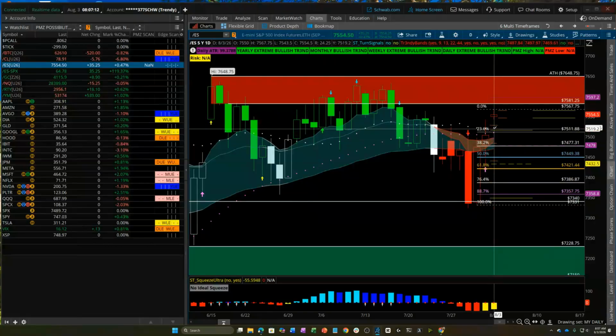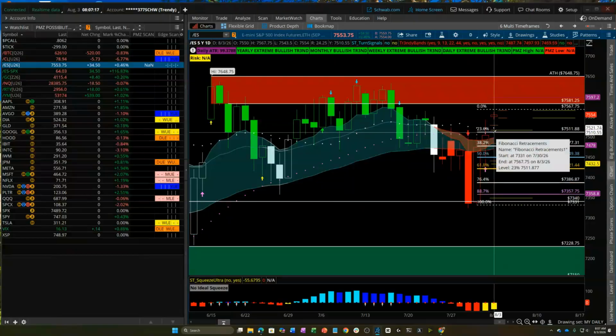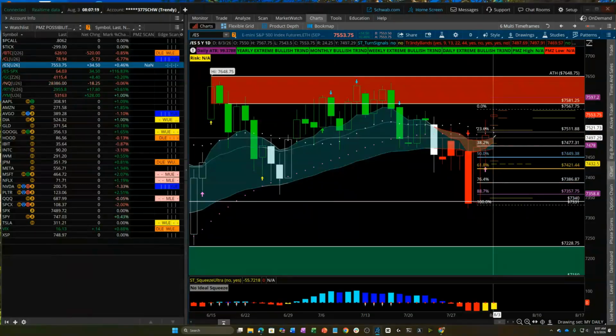You have the daily 21, these white dots on my chart, the daily 50, the pink dots on my chart, and then the daily EMA cloud, the trendy cloud here, all lining up.